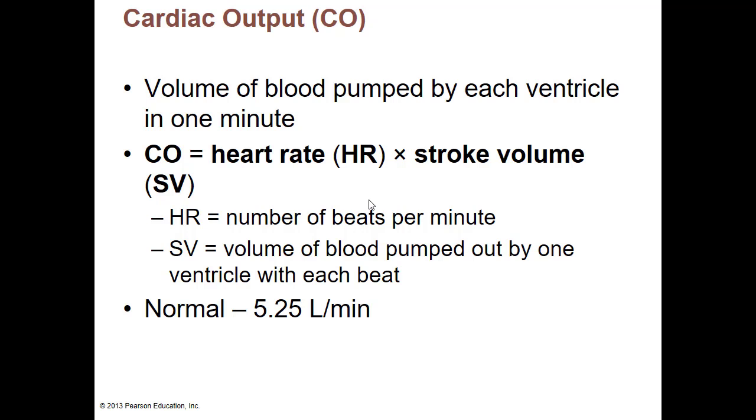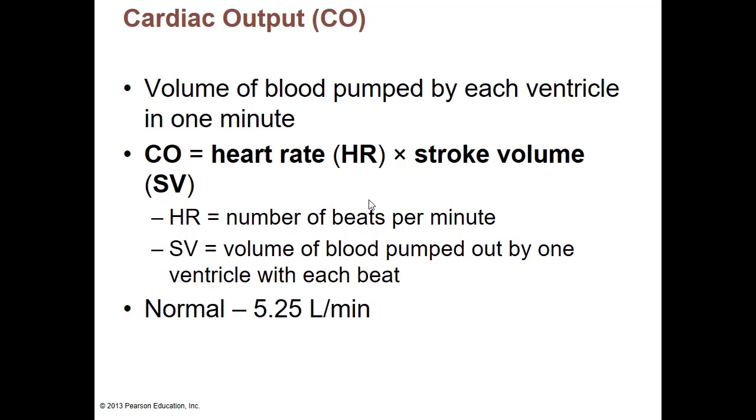The last part of it talks about cardiac output. It's really how much blood your heart can pump every minute, and I talk about some of the things that can affect it. Cardiac output is your heart rate, how many beats per minute your heart beats, times what's known as stroke volume, which is the difference between your end diastolic volume and your end systolic volume.